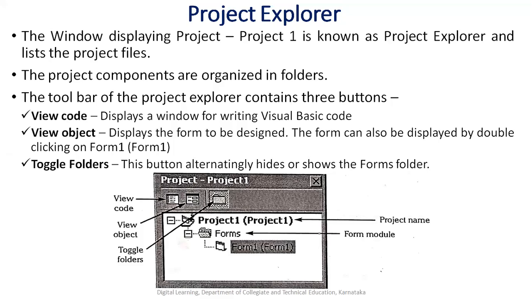Now the function of these buttons: View Code displays a window for writing Visual Basic code. View Object displays the form to be designed. The form can also be displayed by double clicking on Form 1. Toggle Folders alternately hides or shows the form folder.